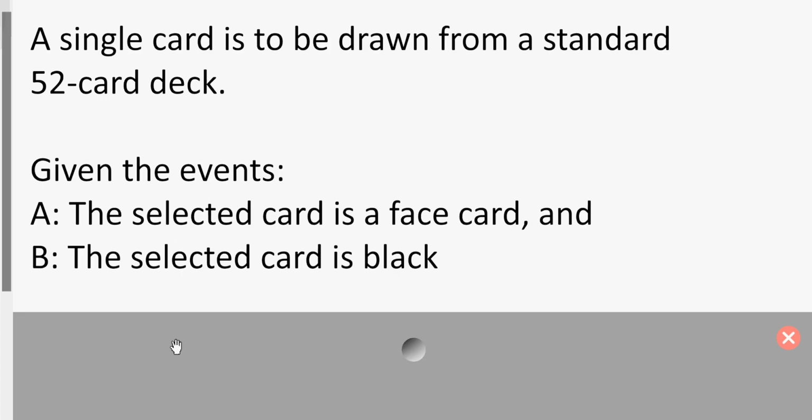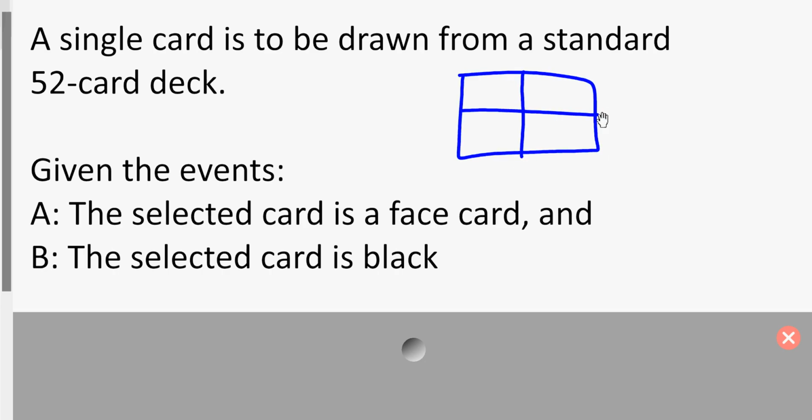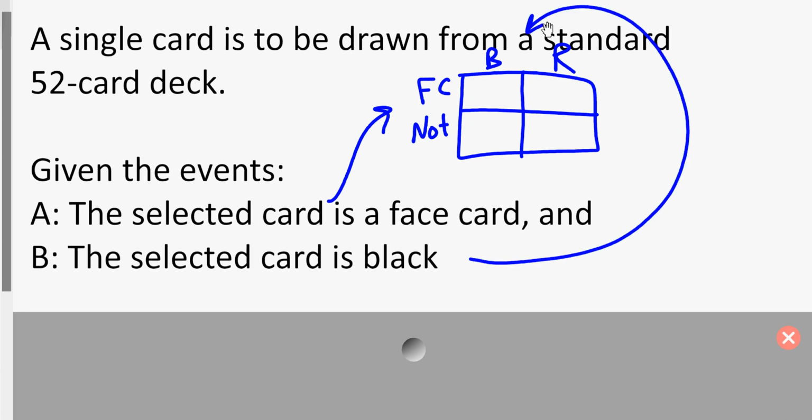Now, if you think about our options here, you could pick a face card or a not face card, right? You could pick a black card or a red card. Now, event A is this. Event B is this. So, ultimately, we have 52 total options.